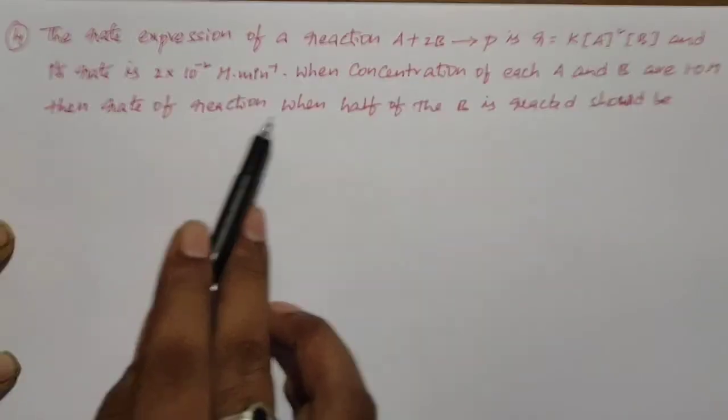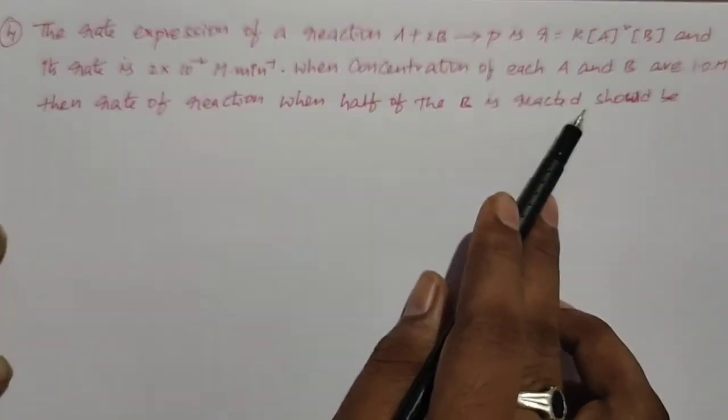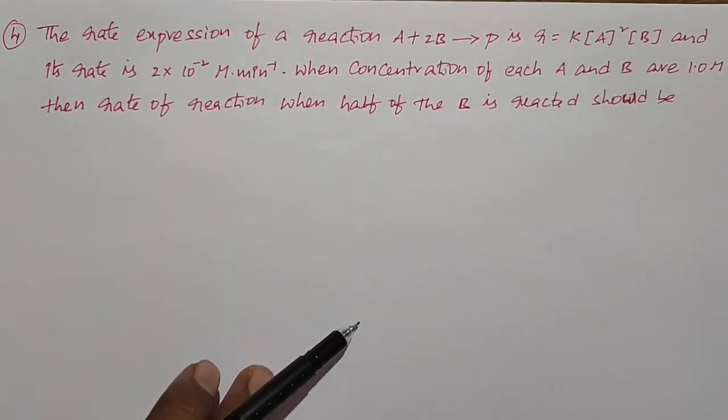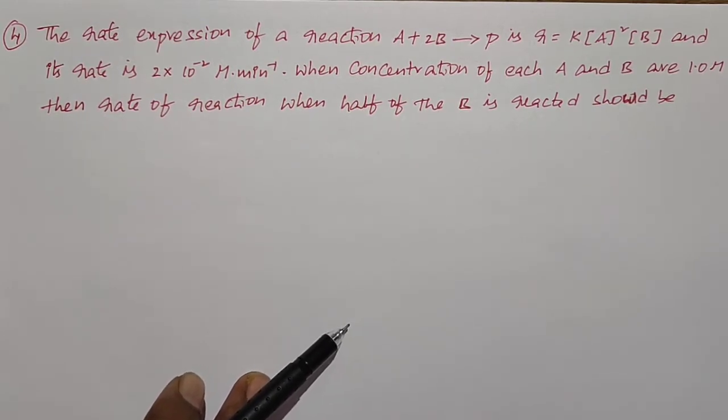What is the rate of reaction when half of the B is reacted? When you observe the question, they give the rate law, the concentrations of reactant A and reactant B, and the rate, but they are asking about the rate of reaction when half of the B is reacted.